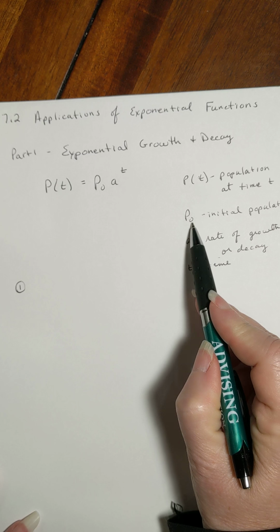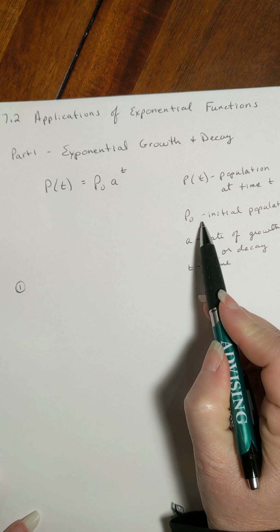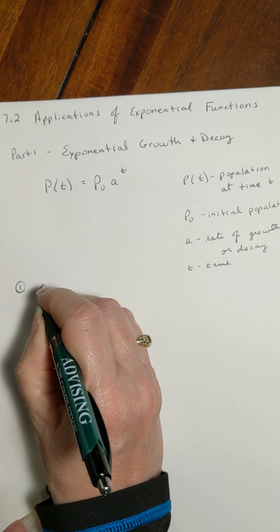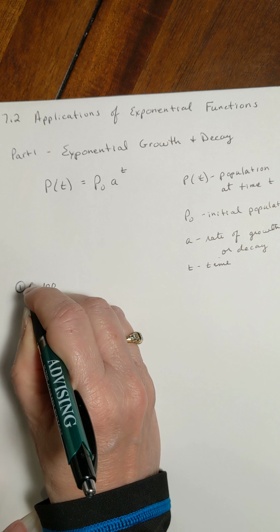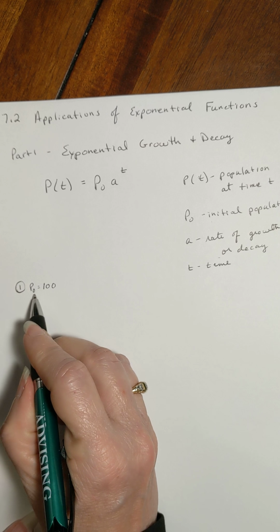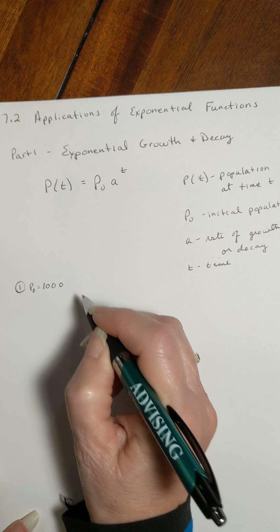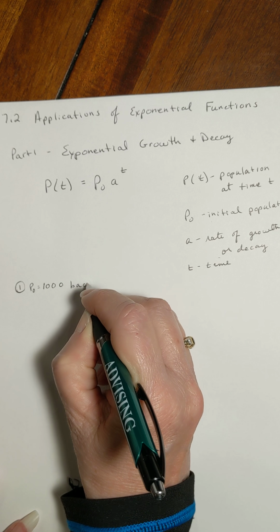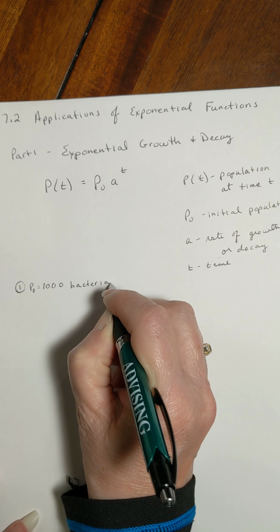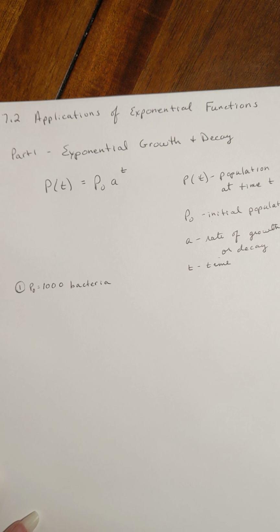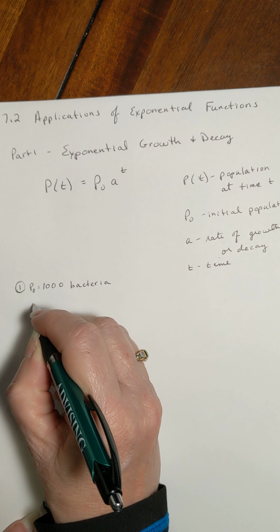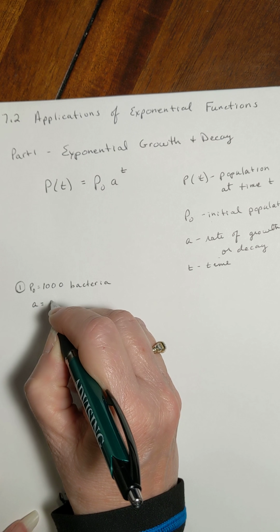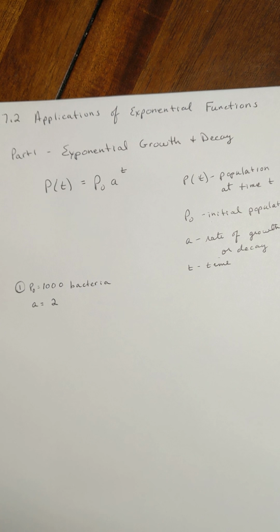If she's starting with 1,000 bacteria, that's the population at time 0. Then it says the bacteria doubles every hour. So that's going to be your A. So every hour it doubles.